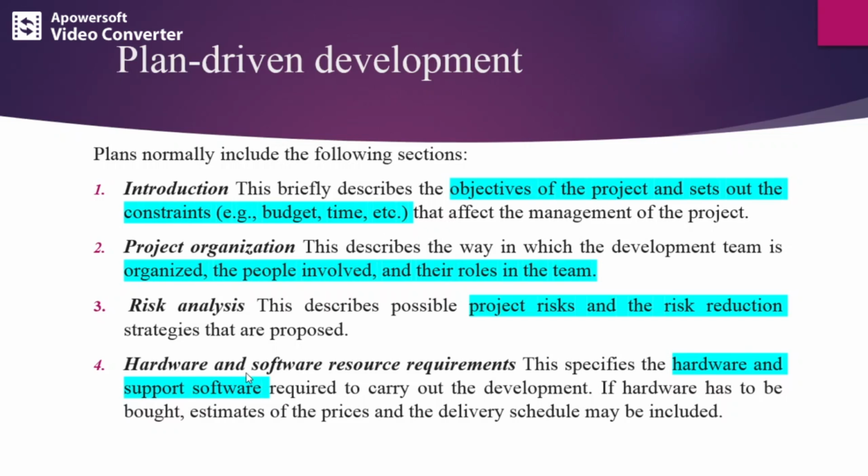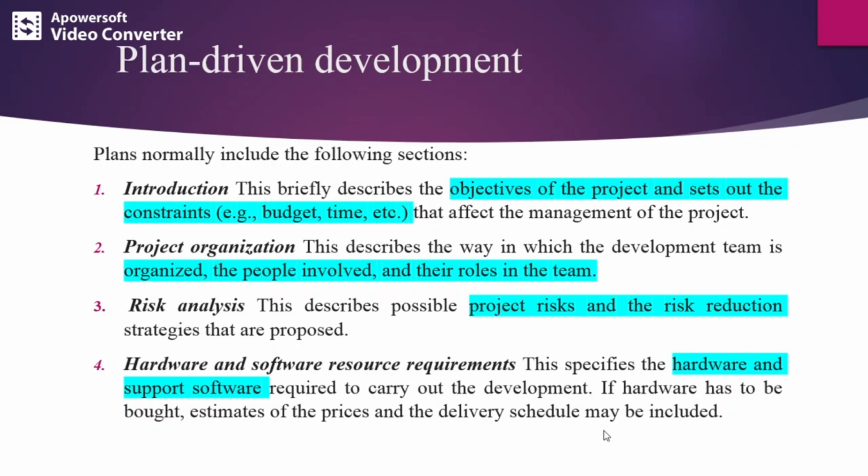Next, hardware and software resource requirements. This specifies the hardware. For every project there might be some hardware requirement. Also support software. Some of the software tools are required to carry out the development. If hardware has to be bought, estimates of the prices and the delivery schedule may be included.